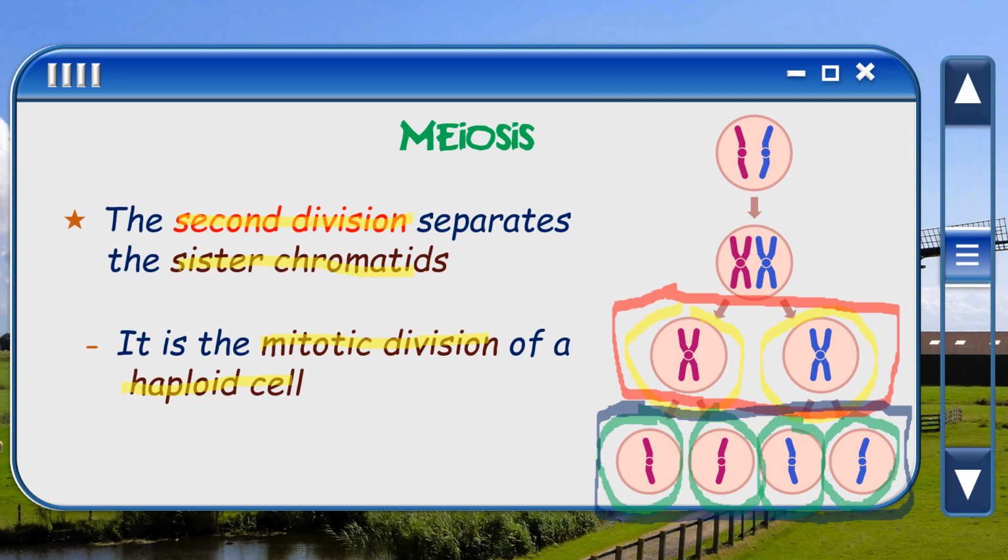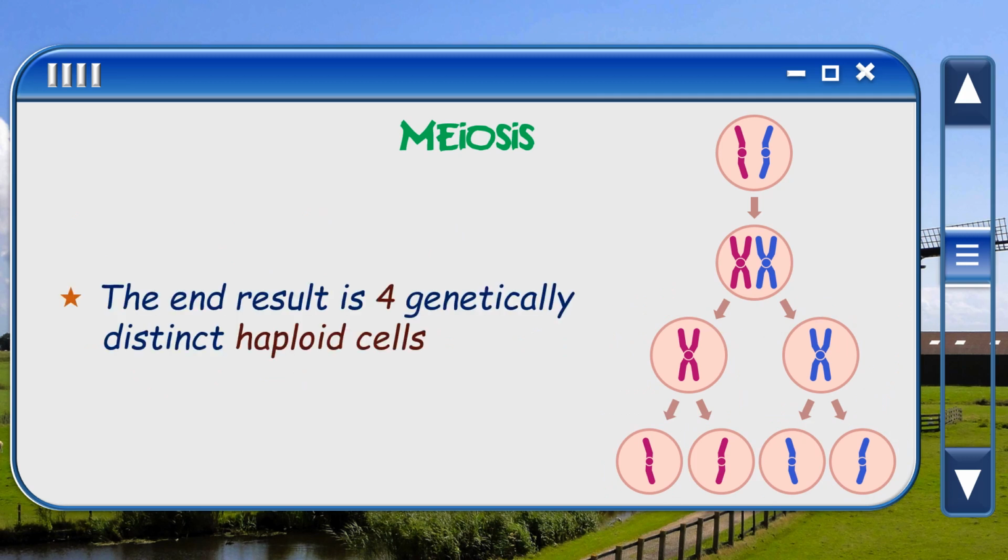Each cell has half the number of chromosomes, but here we are just carrying out mitotic division. The end result is 4 genetically distinct haploid cells. Our cells here, there are 4 of them, but distinct, different from each other. They are the ones that we end up with in meiosis.